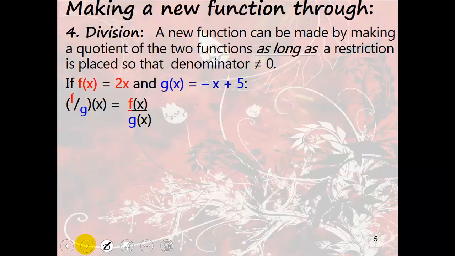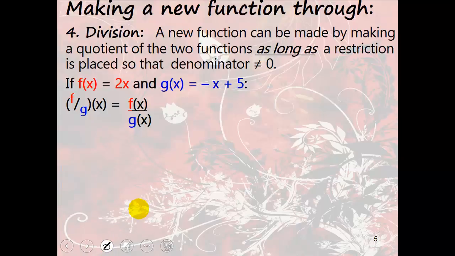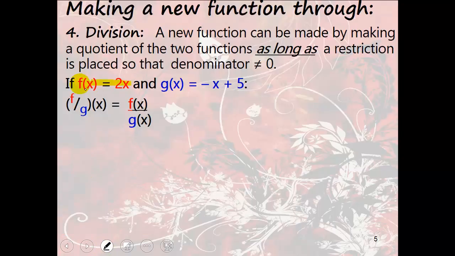So if I have my same two functions, f of x is equal to 2x and g of x is equal to negative x plus 5, I'm just going to make a new function out of their ratios, or make a quotient.